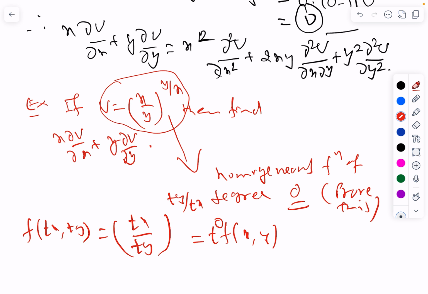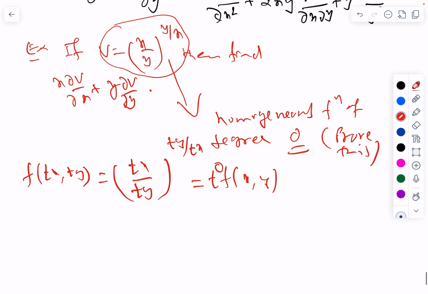And since it is a homogeneous function of degree 0, you can say that x del u by del x plus y del u by del y is equal to 0 into u, so that is equal to 0. Okay, one more.